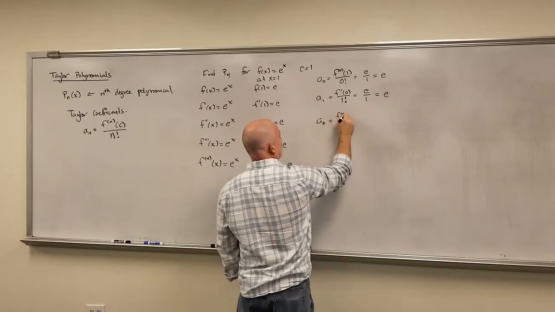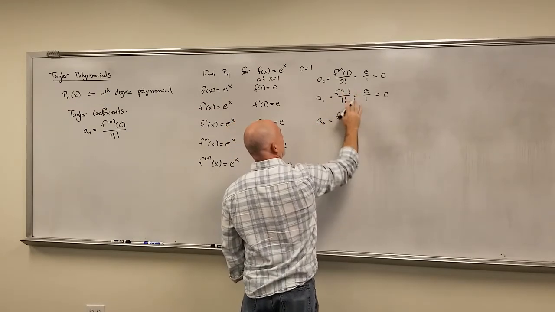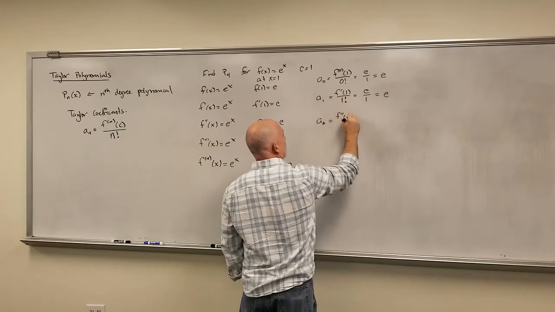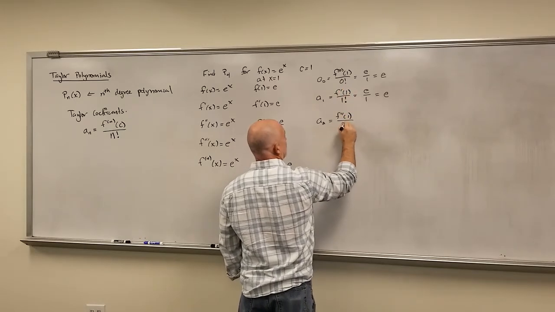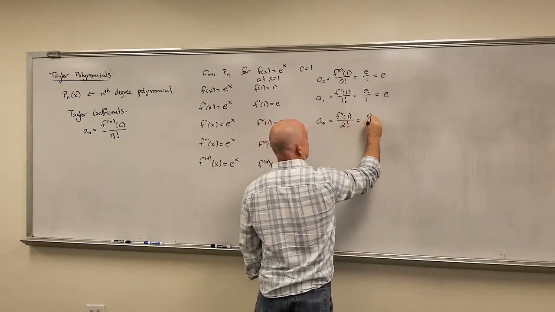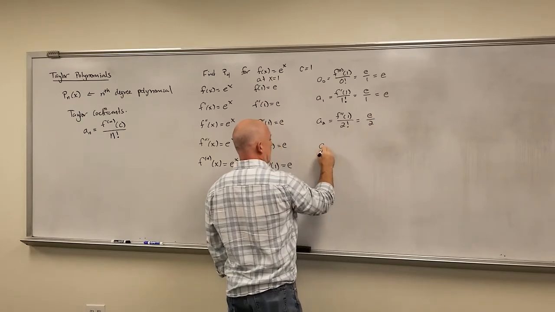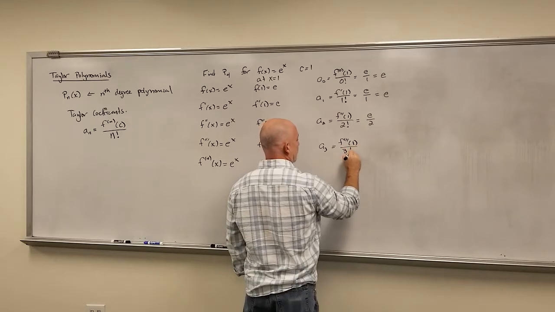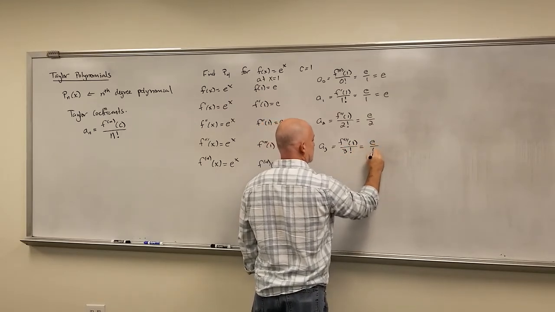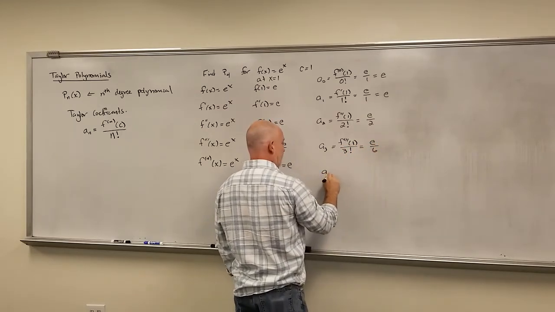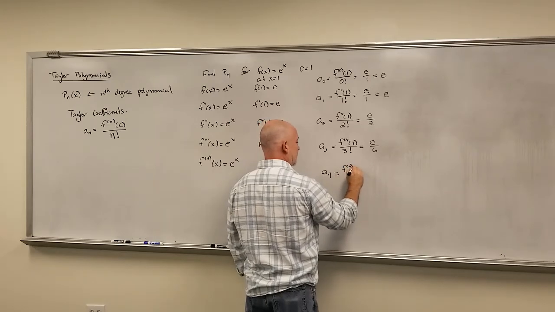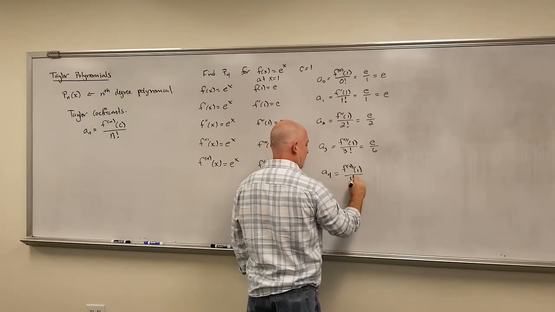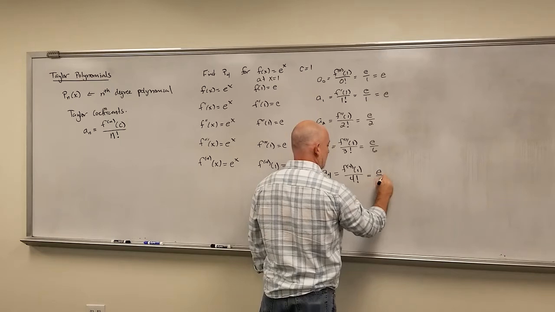A2 is the second derivative at 1 over 2 factorial, that's e over 2. A sub 3 is the third derivative at 1 over 3 factorial, so that's e over 6. And our fourth one is the fourth derivative at 1 over 4 factorial, which is e over 24.